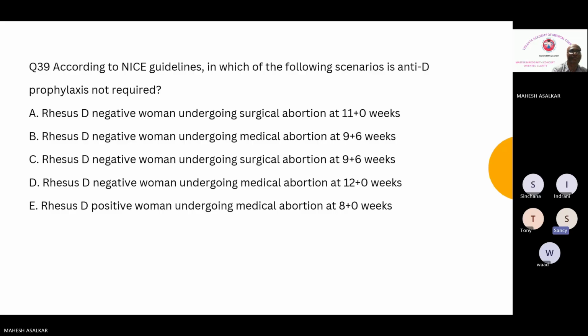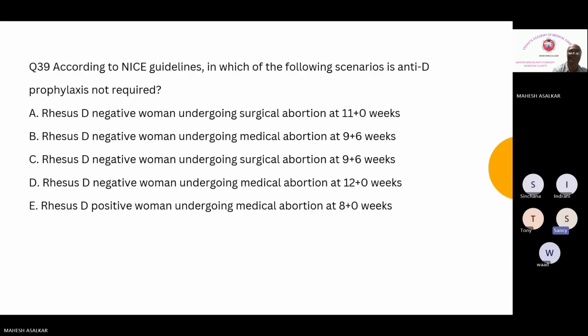According to the NICE guideline, in which of the following scenarios is anti-D prophylaxis not required? RH negative woman undergoing surgical abortion at 7+0 weeks, RH negative woman undergoing medical abortion at 9+6 weeks, RH negative woman undergoing surgical abortion at 9+6 weeks, RH negative woman undergoing medical abortion at 12+0 weeks, RH positive woman undergoing medical abortion at 8+0 weeks.